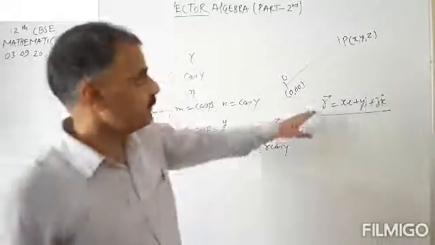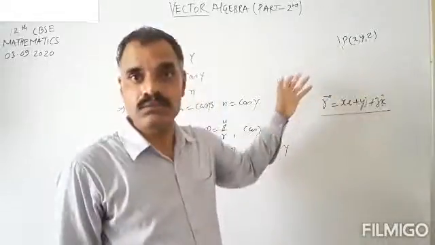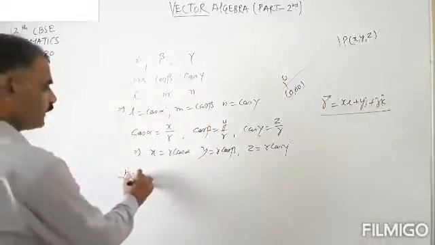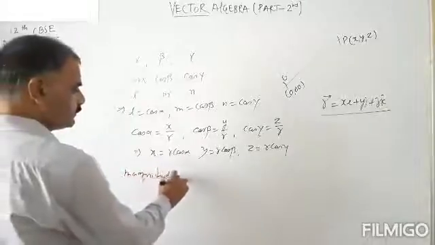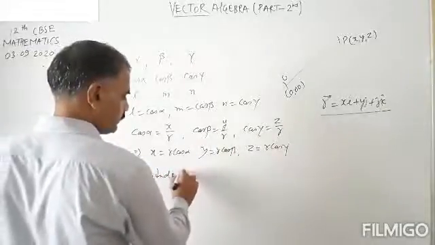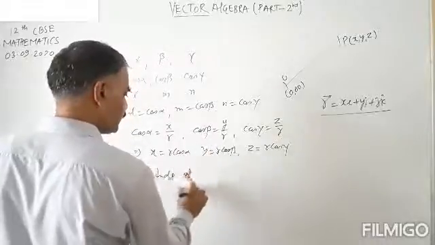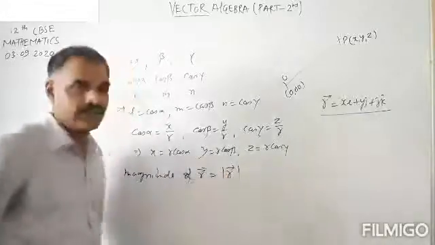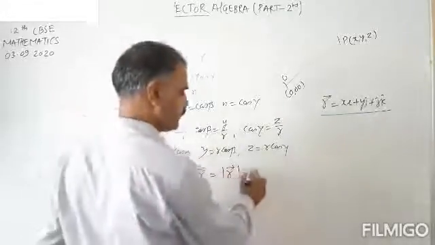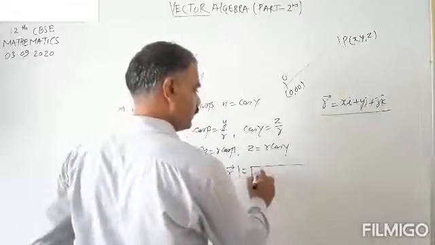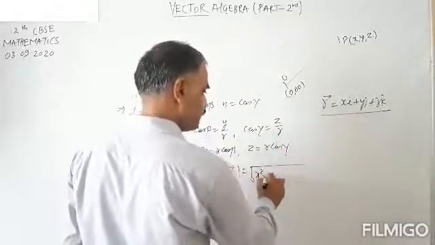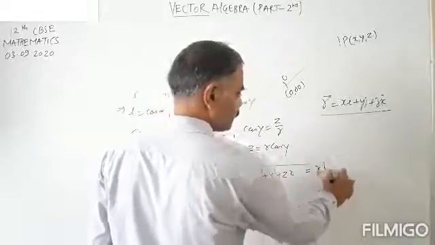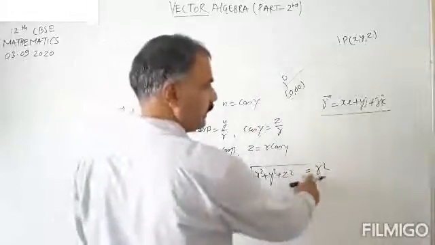This is the position vector of point P with respect to the origin O. Now the magnitude of the position vector r is modulus r vector equals under root x square plus y square plus z square, and this is equal to r, where r is the magnitude.